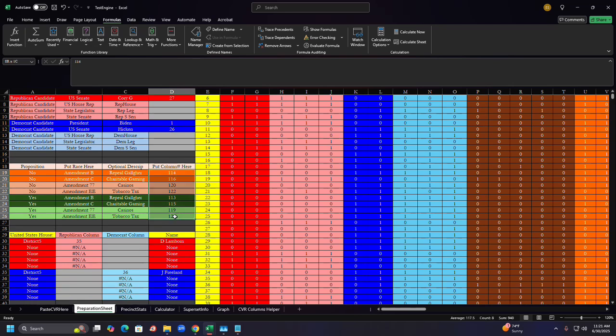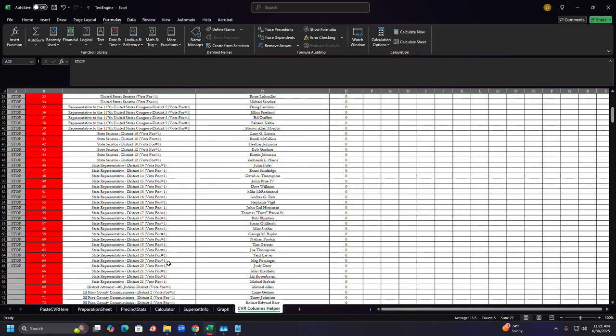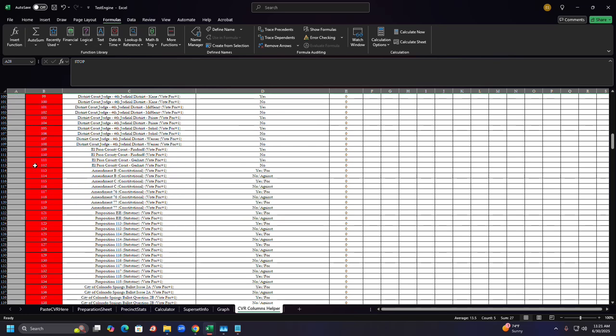Then you have your ballot propositions. So repeal Gallagher, Amendment B. The no vote and the yes vote on repeal Gallagher are columns 114 and 113. So you'll see that down here. There's no, column 114, and there is yes.